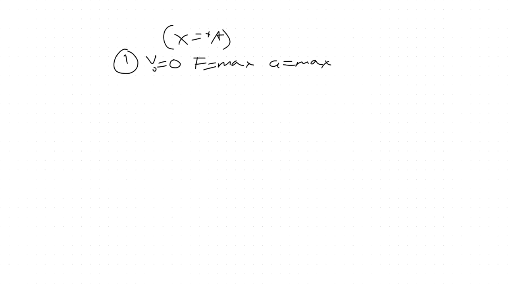So we have step one, velocity is 0, right? Force is max, acceleration is max, right? And this is at x equals positive A. Really, I should have said point two, but I'll call it point 1b, right? V is negative, A is negative, F is negative, which just means left.